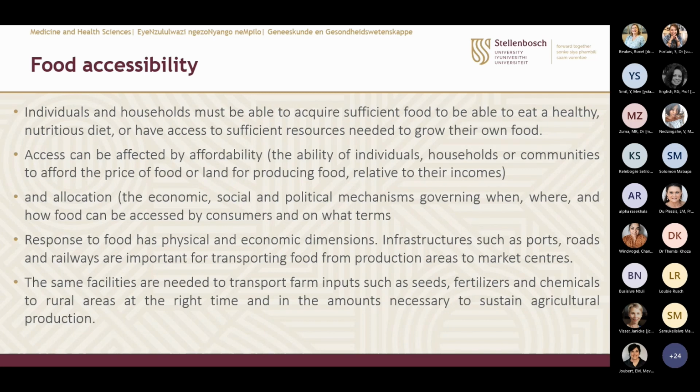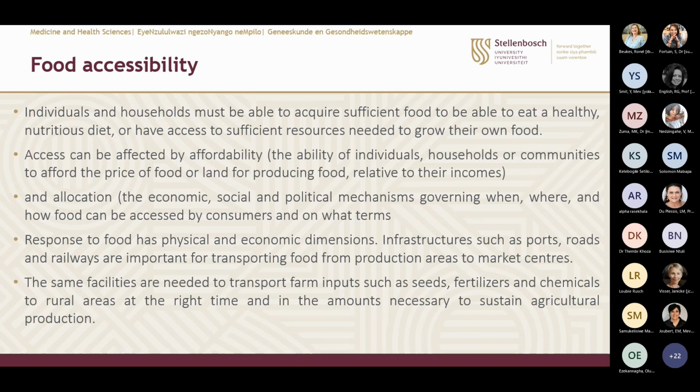When we look at the pillar of food accessibility, it says that individuals and households must be able to acquire sufficient food to be able to eat a healthy, nutritious diet, or have access to sufficient resources needed to grow their own food.